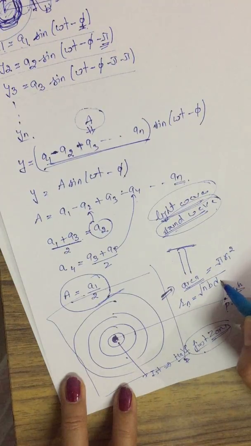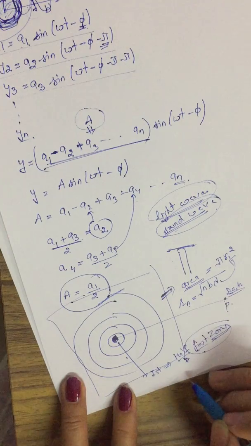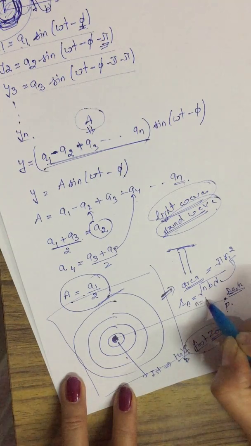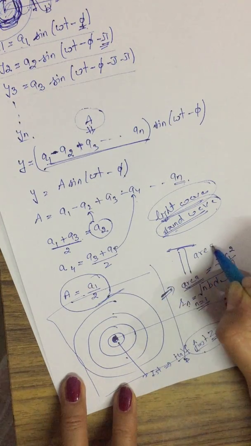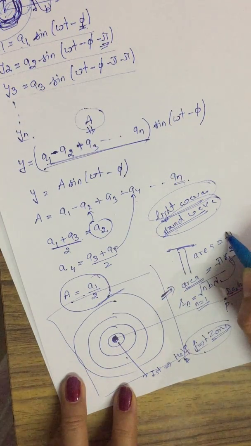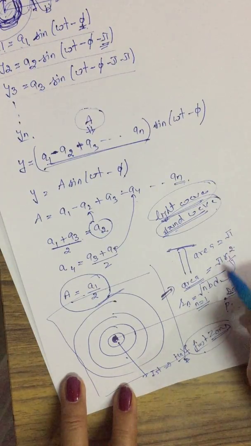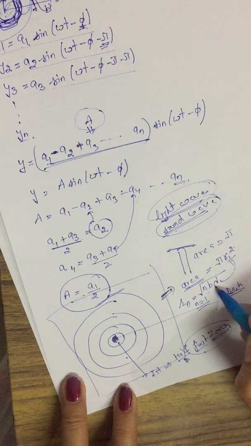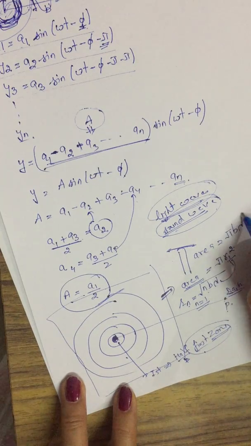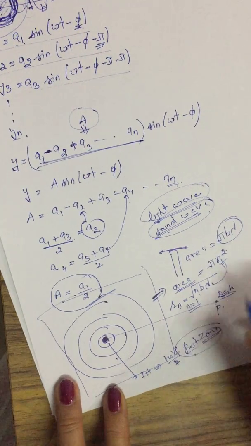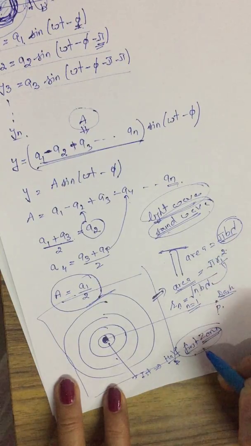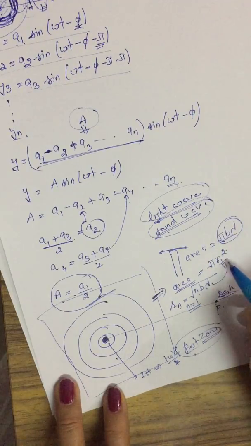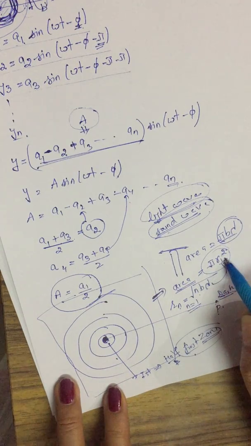If we put this in the above equation, taking n equal to 1 for the first half zone, then what will be the area? Area is equal to pi r1 square, and substituting the value of r1, you will find this is pi b lambda. It means the area of every half zone is the same.